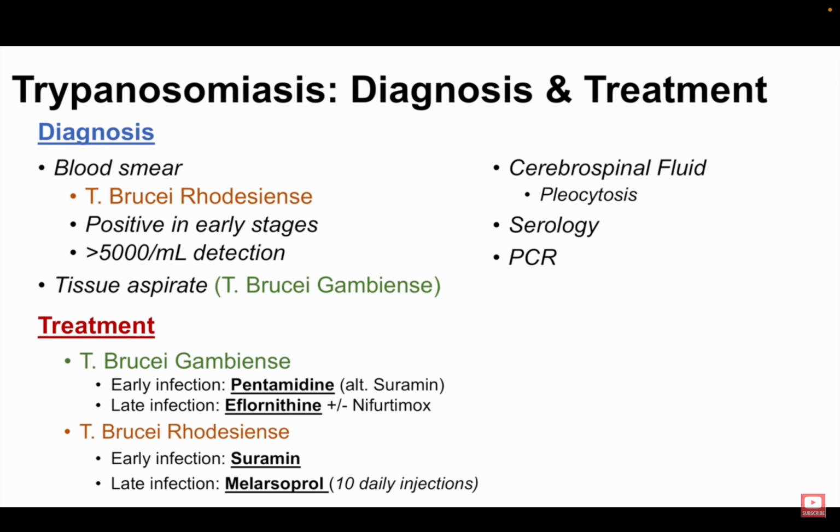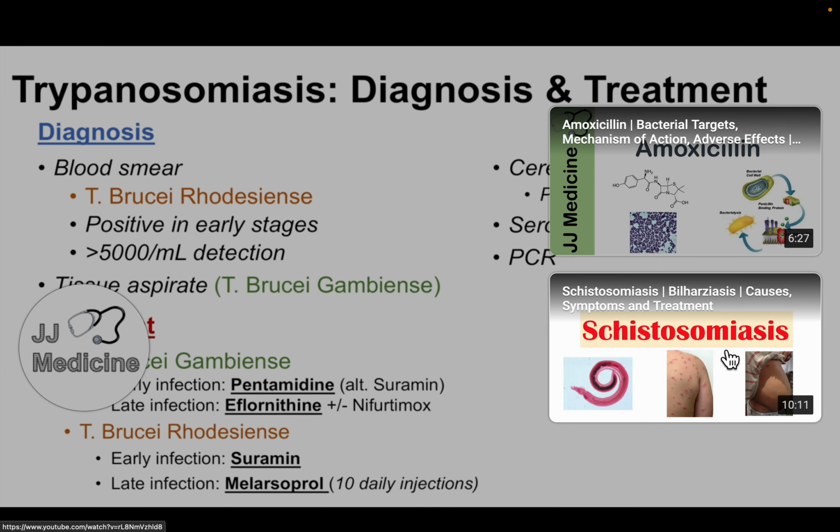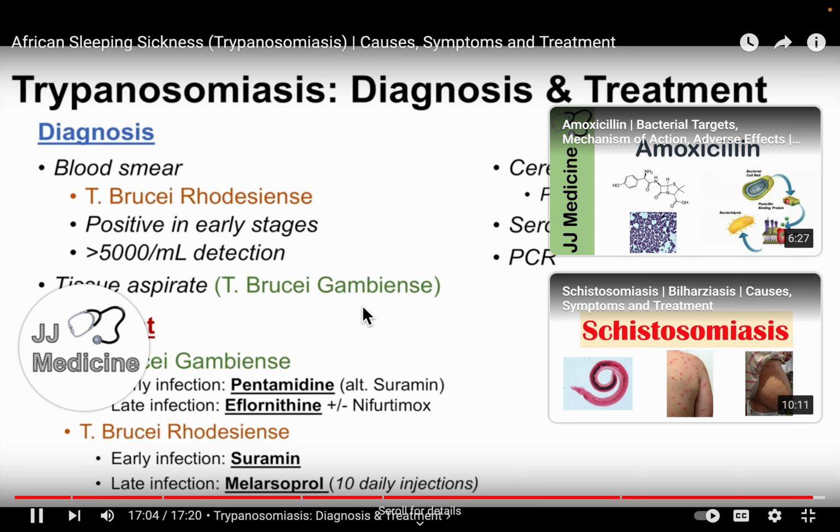Well, it appears that eflornithine has no effect on treating Trypanosoma brucei rhodesiense, so we have to use melarsoprol. So that's the reason why it's important to also figure out what species we're dealing with. And melarsoprol can be given as 10 daily injections, and that's been shown to be effective. Anyways, guys, that was a lesson on African trypanosomiasis.